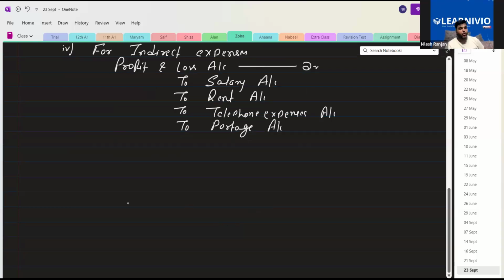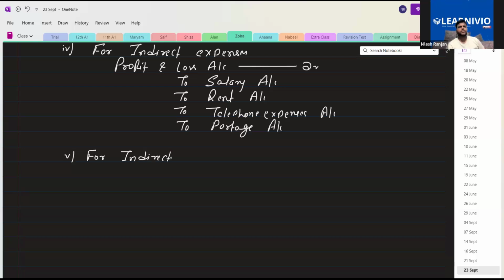Then there are some incomes also. For indirect income, apart from sales, there are some other incomes which are written on the profit and loss credit side. These are interest received, dividend received, rent received, discount received, and so on.